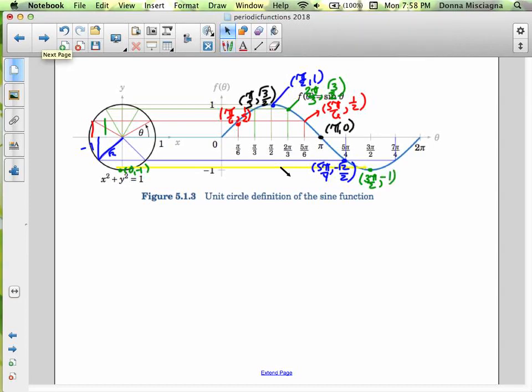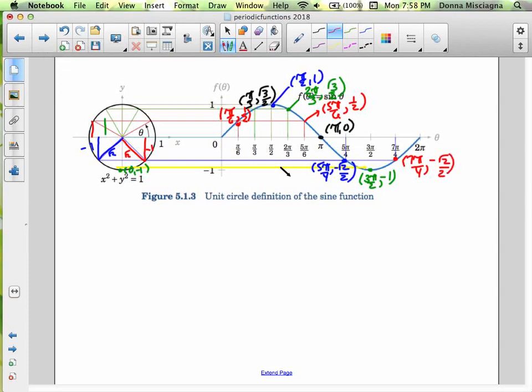At 7 pi fourths, now I'm over here, so y is negative. So this point right here is 7 pi fourths, and that would be negative square root of 2 over 2. And then we get back to the beginning again, which is this point back here.